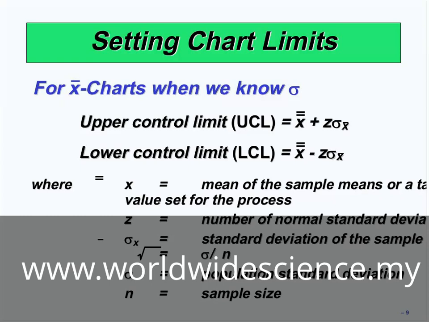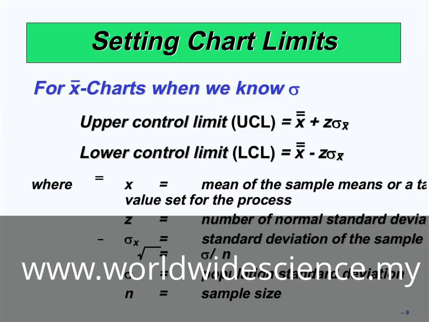Radical sigma divided by radical n, because in chat I can show the sign of radical. It gives you sigma x bar. In this example, sigma is 1, so radical 1 is 1, divided by radical n.